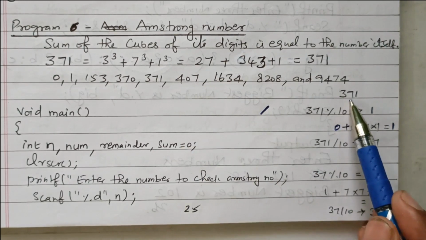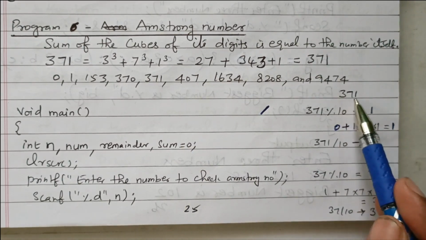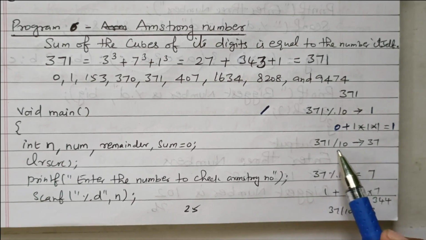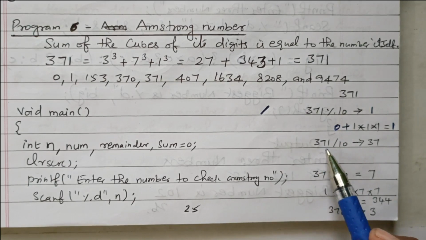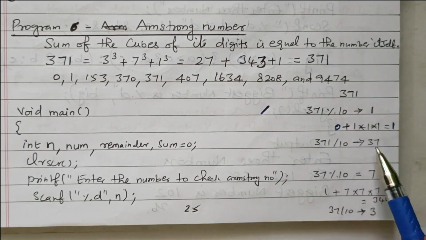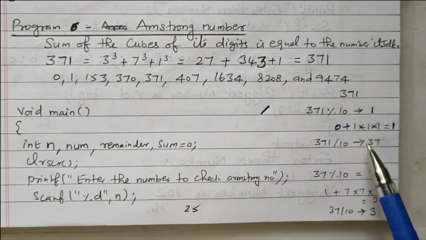Now we need to extract the digit 7. So this 371 is reduced to 37. How? By dividing by 10. 371 divided by 10 gives 37. Now the 3-digit number is reduced to 2 digits. Now repeat the same process.